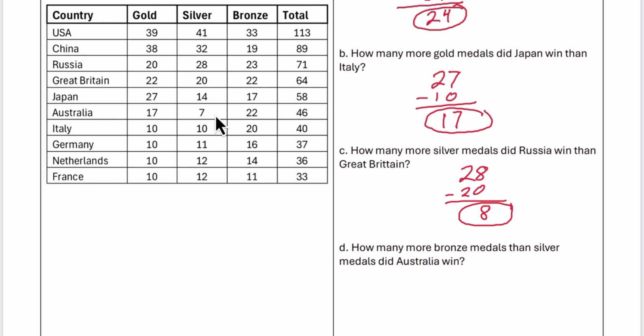Notice we need to borrow from the 2. That 2 becomes a 1. We'll put the 1 beside the 2 in the 1's column. 12 minus 7 is 5. And then we need to bring down the 1. 15. Australia had 15 more bronze medals than they had silver.